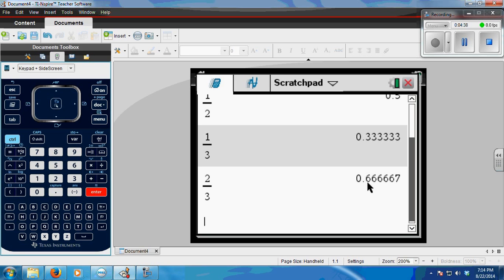So you have to make sure that you understand that this is a repeating decimal, that this is not the exact answer, that this pattern of 0.6666666 is going to go on forever. You get the point.